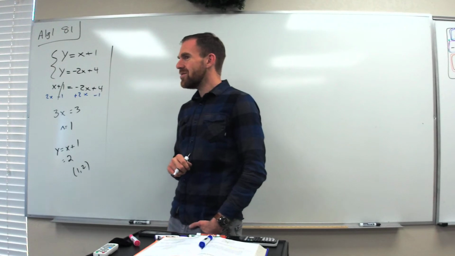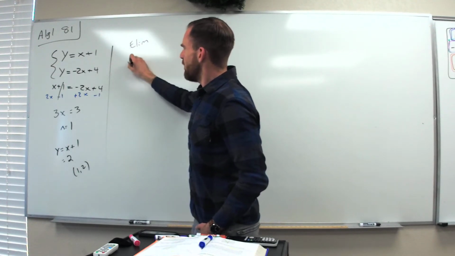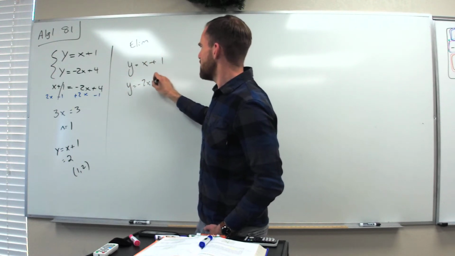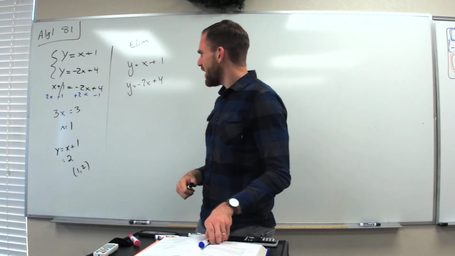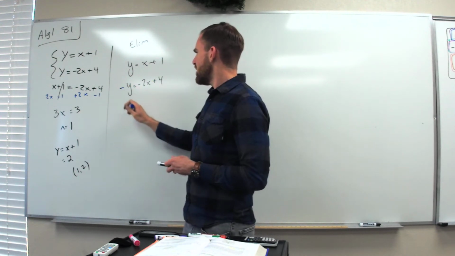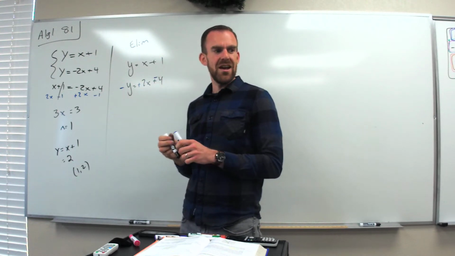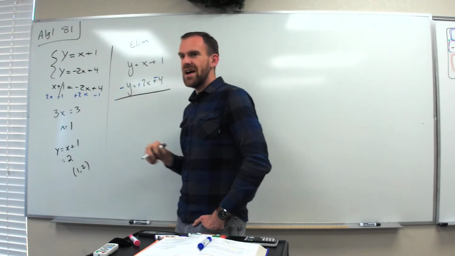There's also elimination. So if y equals x plus 1 and y equals negative 2x plus 4, if I multiply the second one by a minus sign, I get negative y equals positive 2x minus 4, and I can eliminate what variable? Which one will go away? X or y?